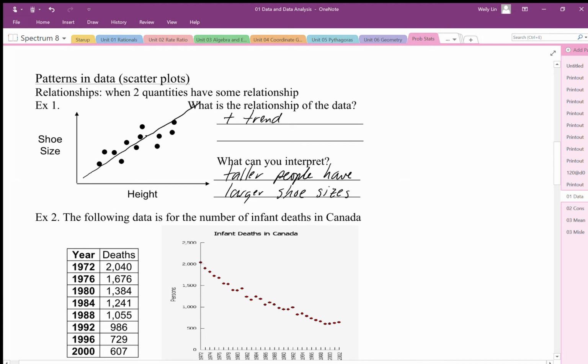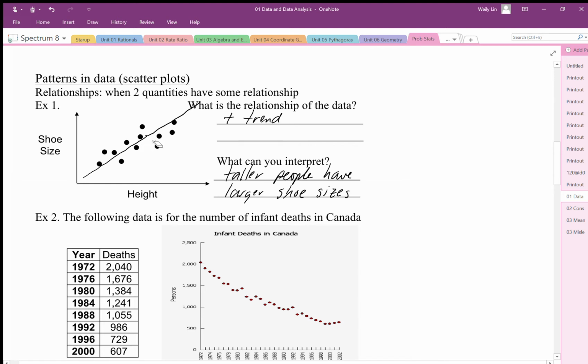Does that mean that tall people have bigger shoe sizes than shorter people? Not necessarily. If you take a look here, this person is taller, yet has a smaller shoe size, about the same as this person here.